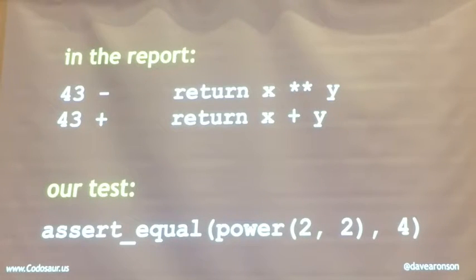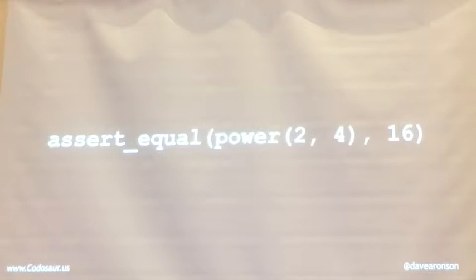In this case, it's actually quite simple. We just need to use a set of inputs to power such that x to the y is not the same number as x plus y. We could add a test or just change the one we have, such as asserting that 2 to the 4th power is 16.